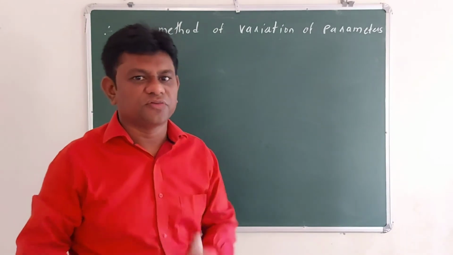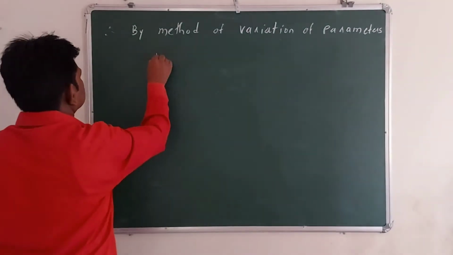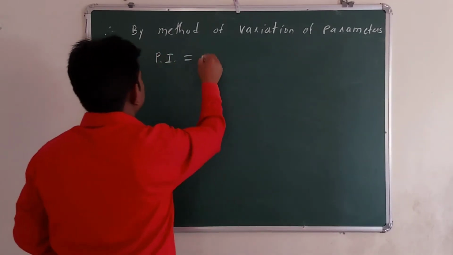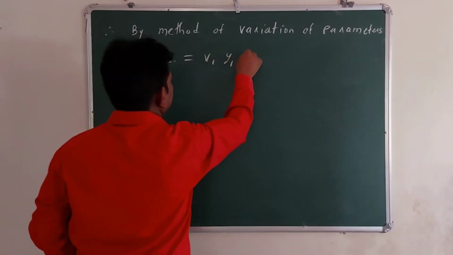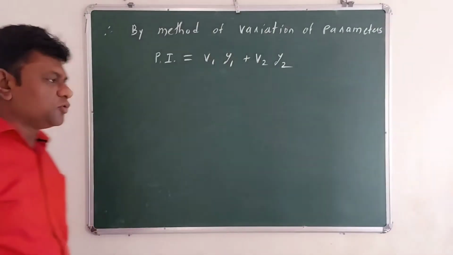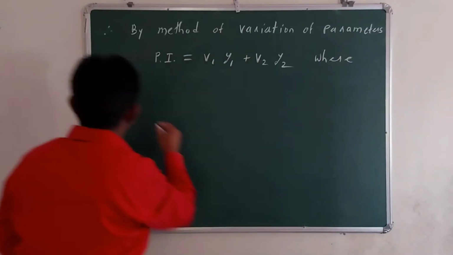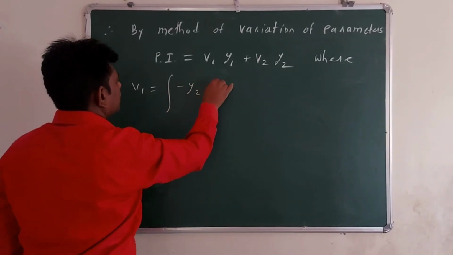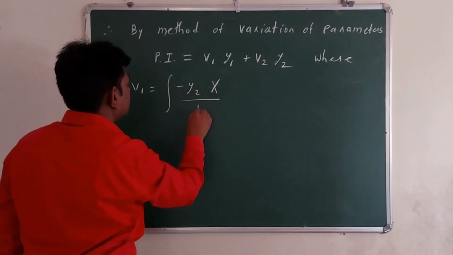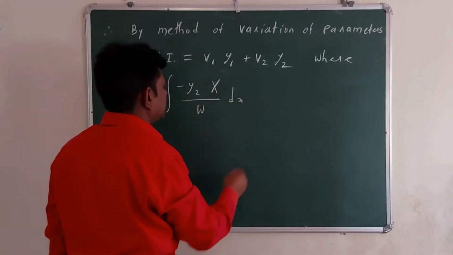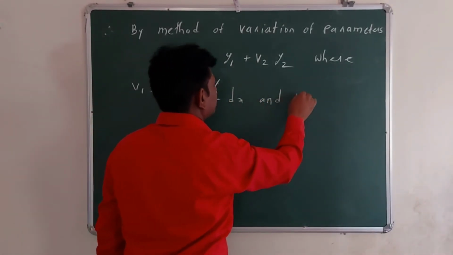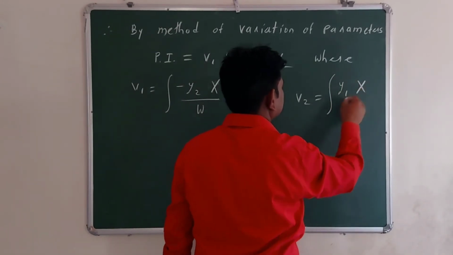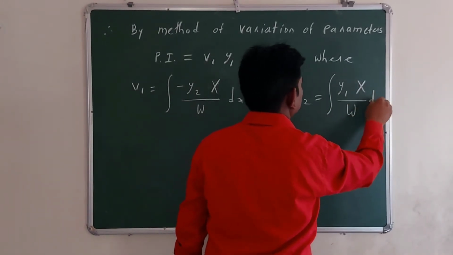Therefore, by the method of variation of parameters, the particular integral is equal to v1 y1 + v2 y2, where v1 is equal to the integral of -y2 X/W dx, and v2 is equal to the integral of y1 X/W dx.